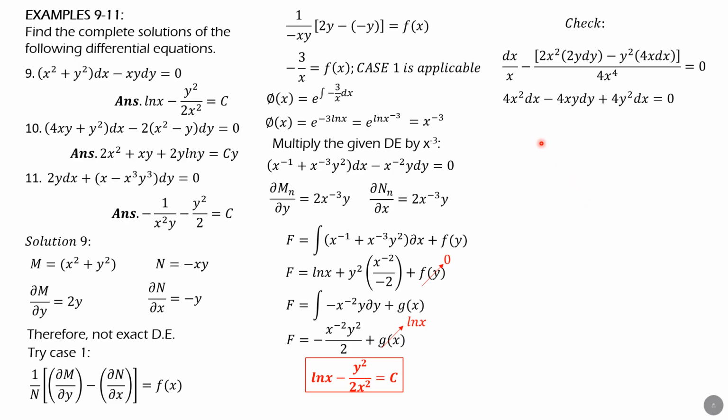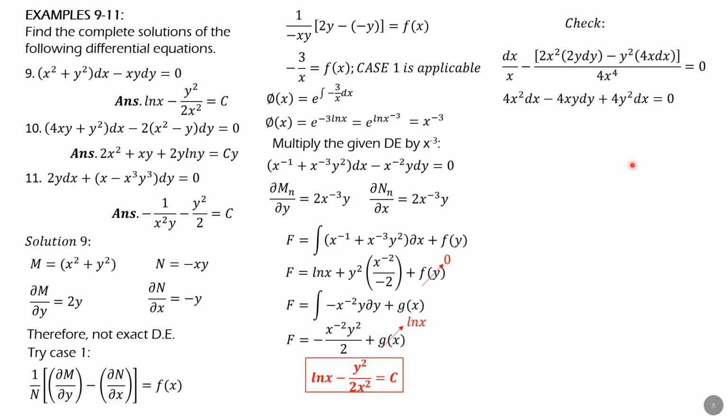Divide everything by 4, so this becomes the quantity x squared plus y squared times dx, then minus xy dy after we divide by 4, equals 0.